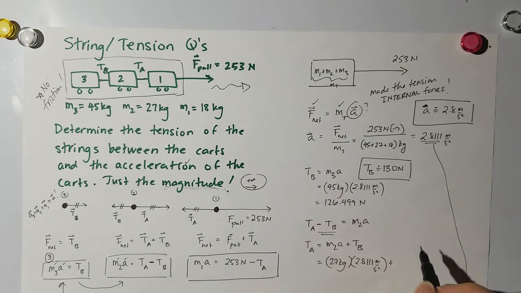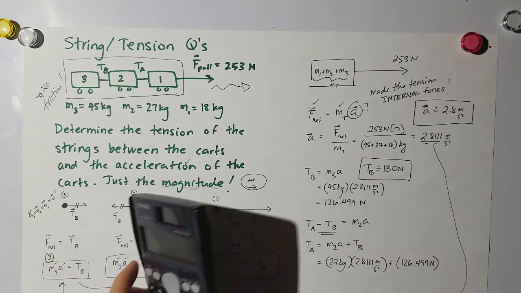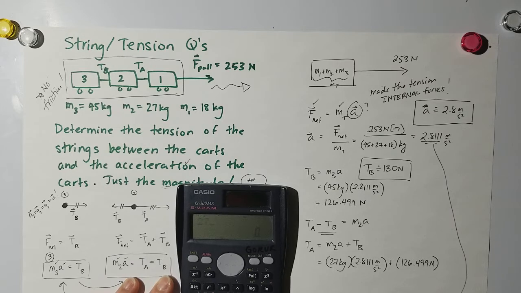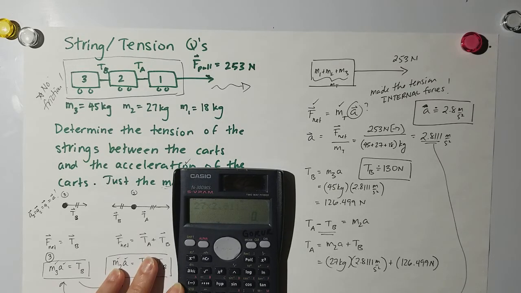No, it's not. You use the unrounded value, 126.499, and that's newtons. So take your calculator. Okay, 27 times 2.8111, and then I'm going to add 126.499, and there you get 202.398 newtons.